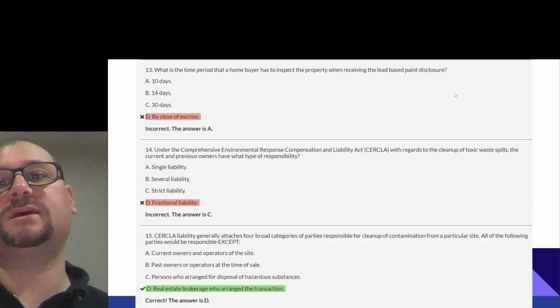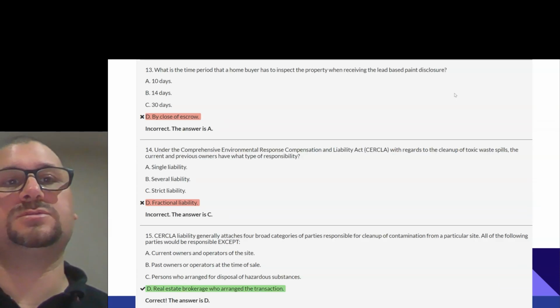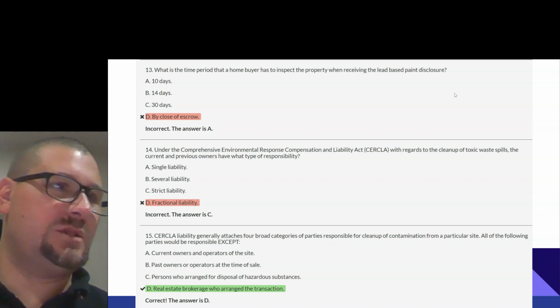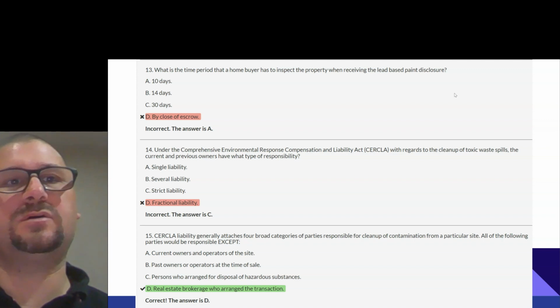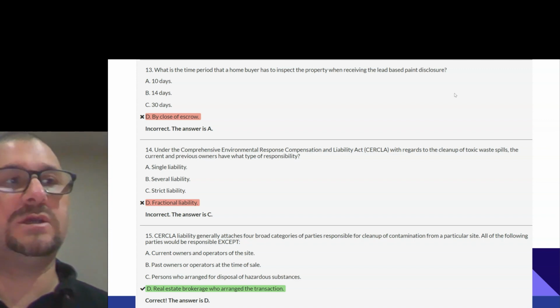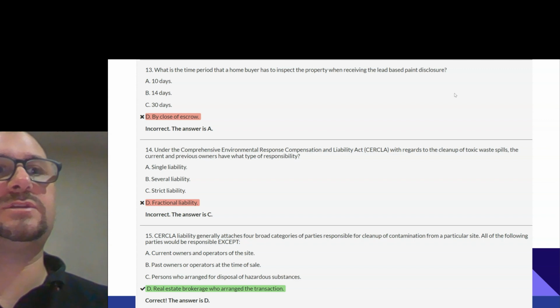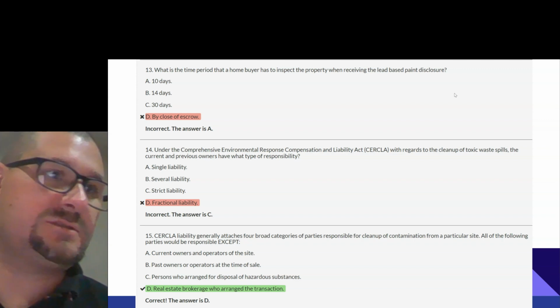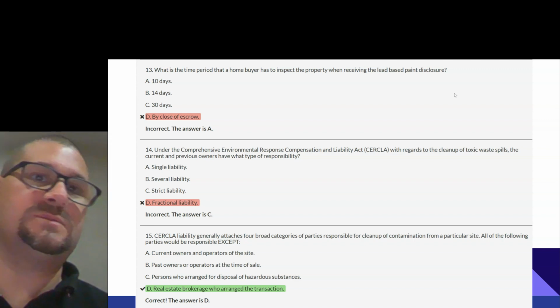So receiving the lead-based paint disclosure, it's going to be alpha, 10 days. Now, typically on any inspection, you always have 10 days by default, unless in the purchase contract you write something else. I've seen people write 7 days, 5 days. Investors give 0 days sometimes.